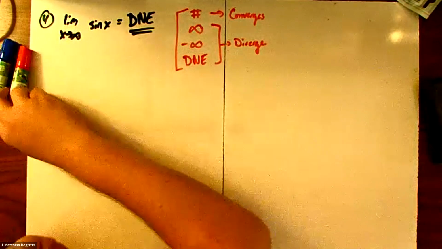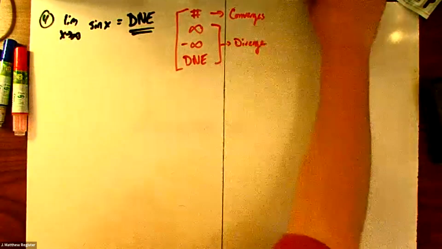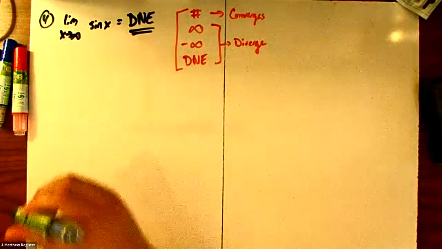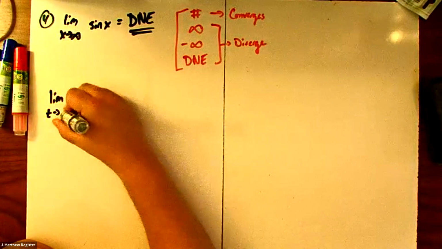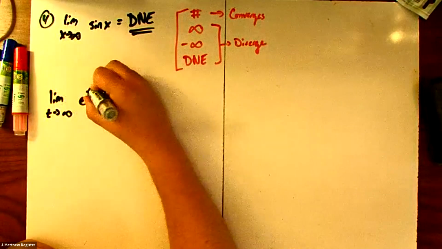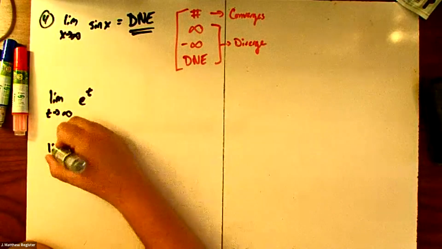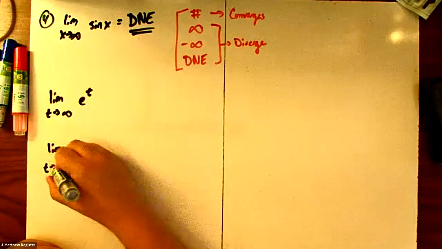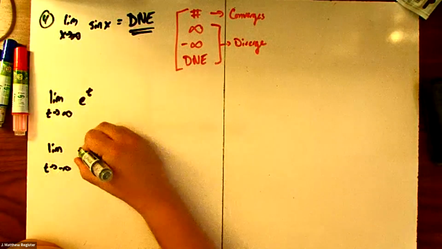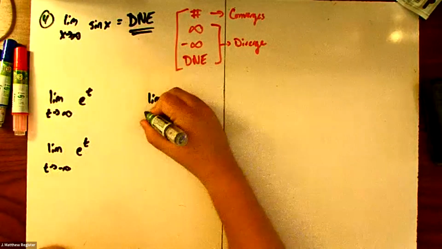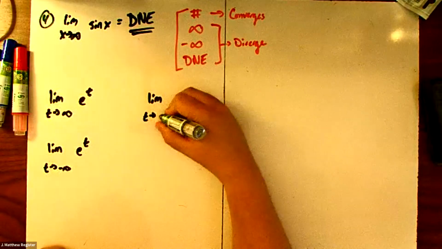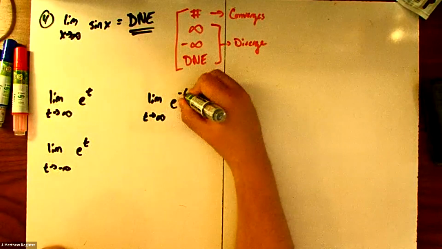The next 2 are dealing with e to the x, or e to the t. And so the limit as t goes to infinity of e to the t. And then we'll say the limit as t goes to negative infinity of e to the t. And then the limit as t goes to infinity of e to the negative t.